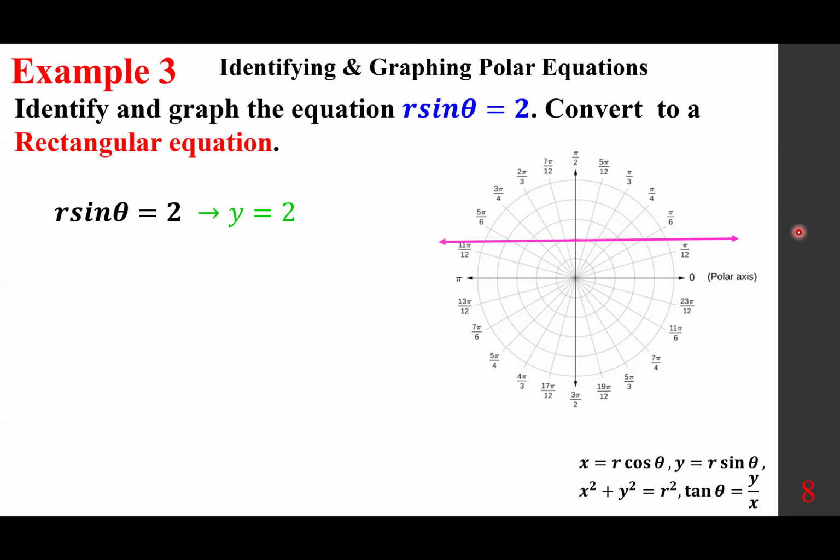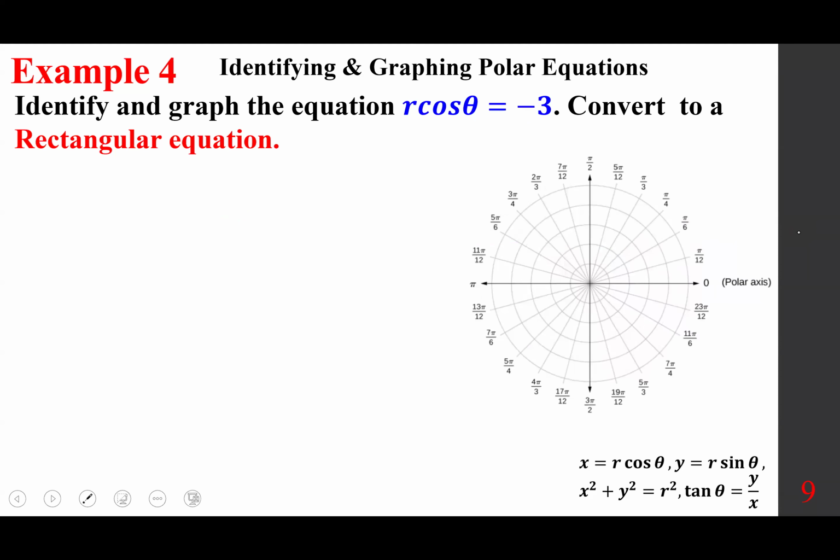So pretty straightforward, everybody. All right. Now r cosine theta equals -3.